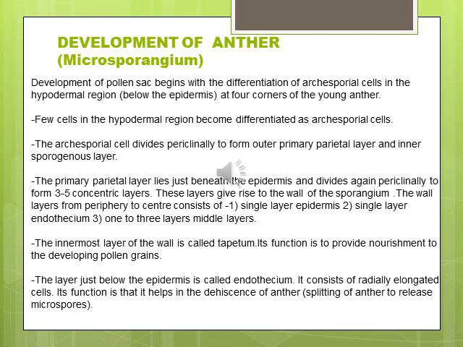Now this wall, from the periphery, that is outside, to the center, consists of: the outer layer, which is a single layer epidermis. After the single layer epidermis comes a single layer endothecium, and then come 1 to 3 layers of middle layers, and the innermost layer is known as the tapetum. A very important function of the tapetum is to give nourishment, that is food, to the developing pollen grains.